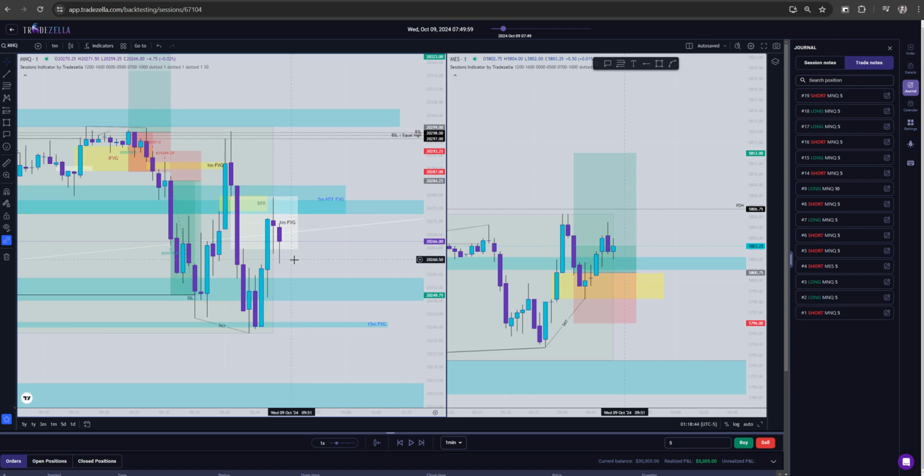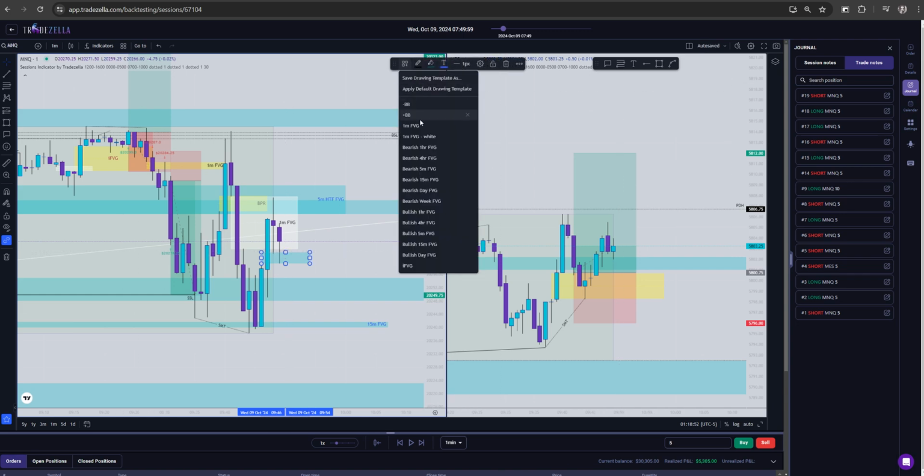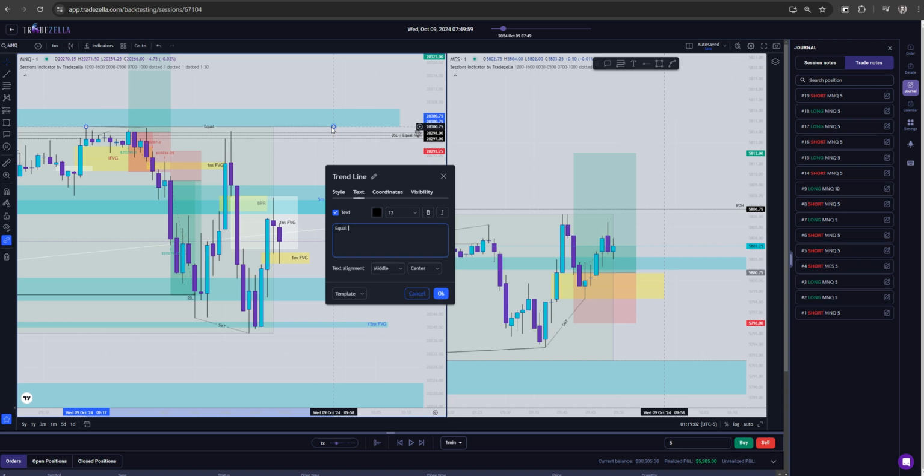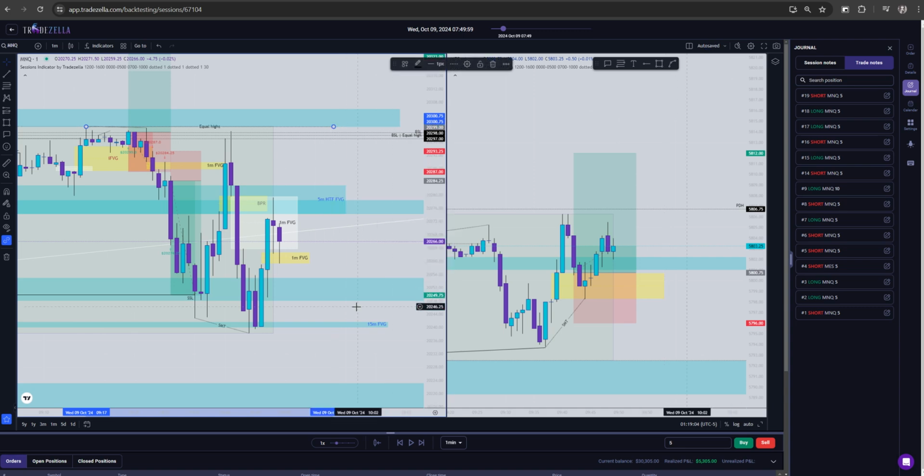Okay. Let's see if it respects this fair value gap. If it respects it, then I'm gonna go for it. Targeting these equal highs now, right? Equal highs. We got some equal highs. Yeah.